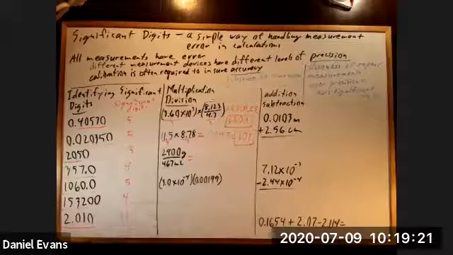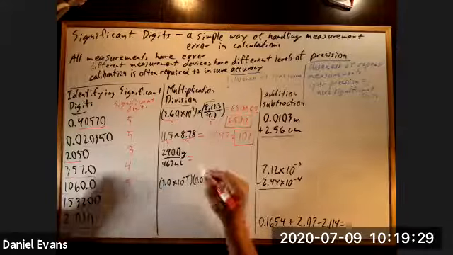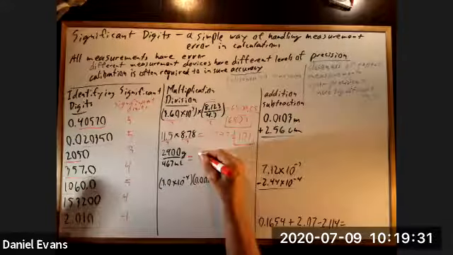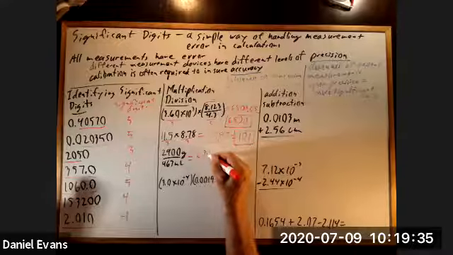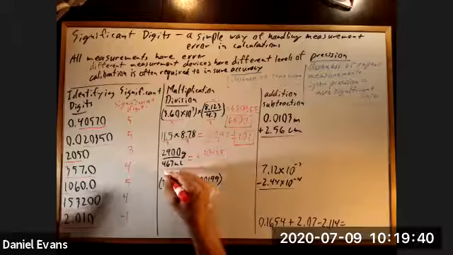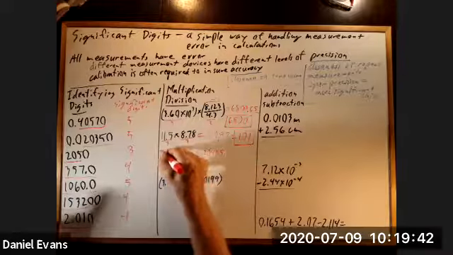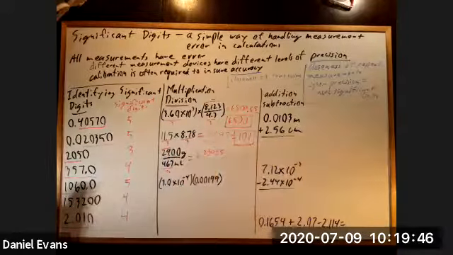Next one, we have 2900 divided by 467. I got 6.20985. We look at the numbers, we have 3 digits. This 2900, we cannot consider that those zeros are significant.